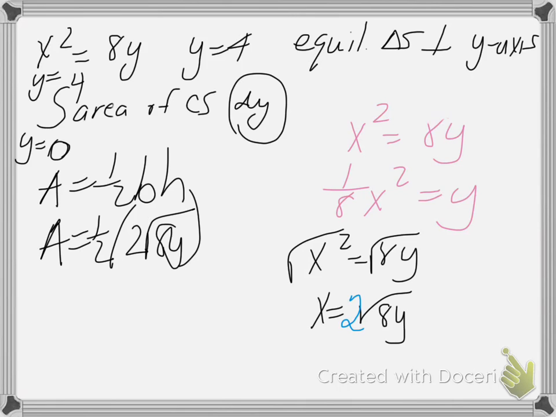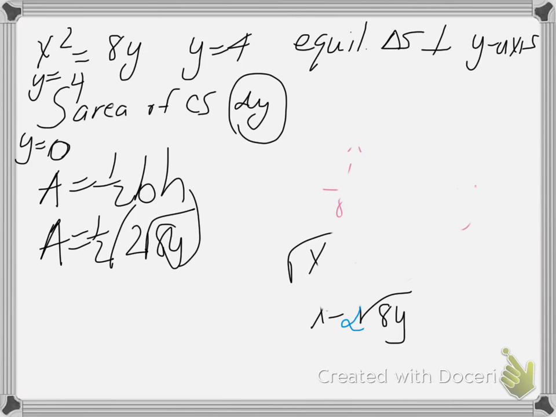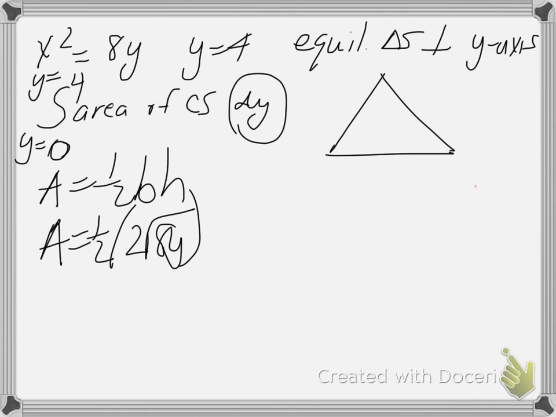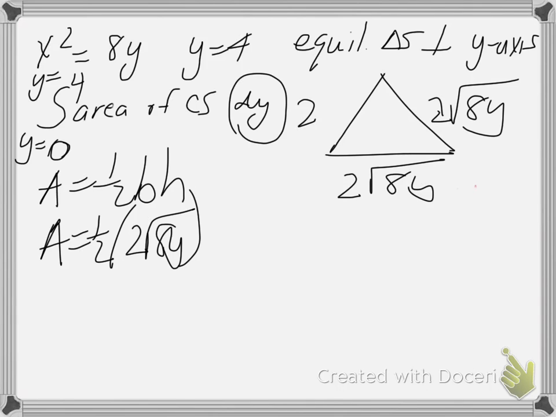Okay, so let me make some room. Okay. So if you look at an equilateral triangle, if each side is 2 radical 8y, then we know the base, but what we're looking for is this red line, which is the height.